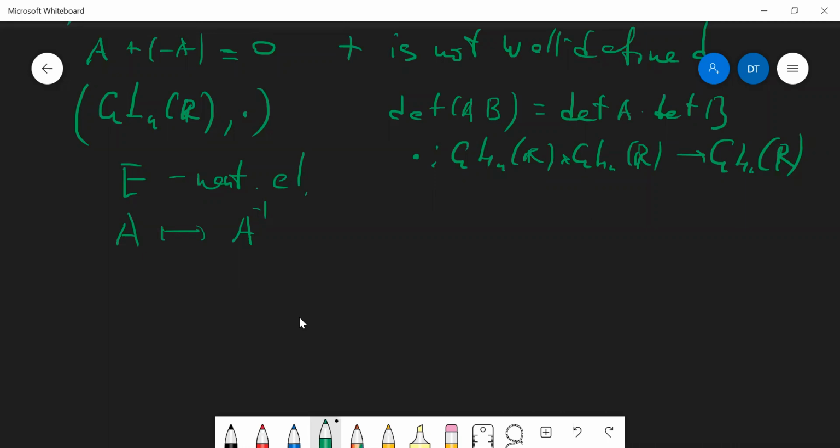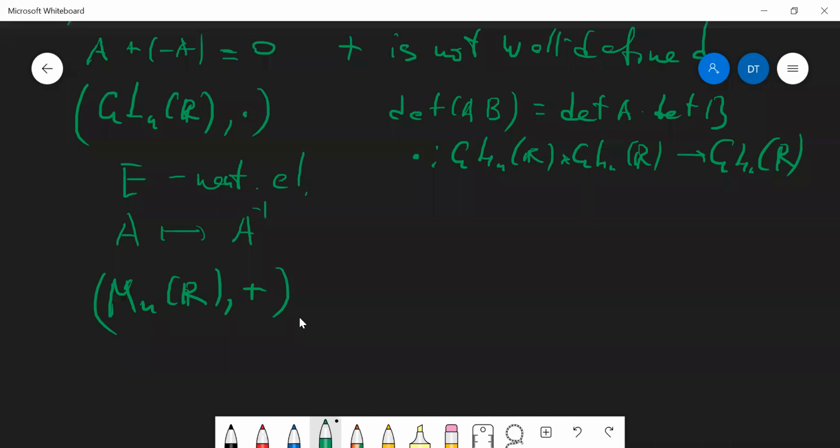Okay, what about this example? The set of all matrices with addition. Is it a group? Okay, yes, it's a group.